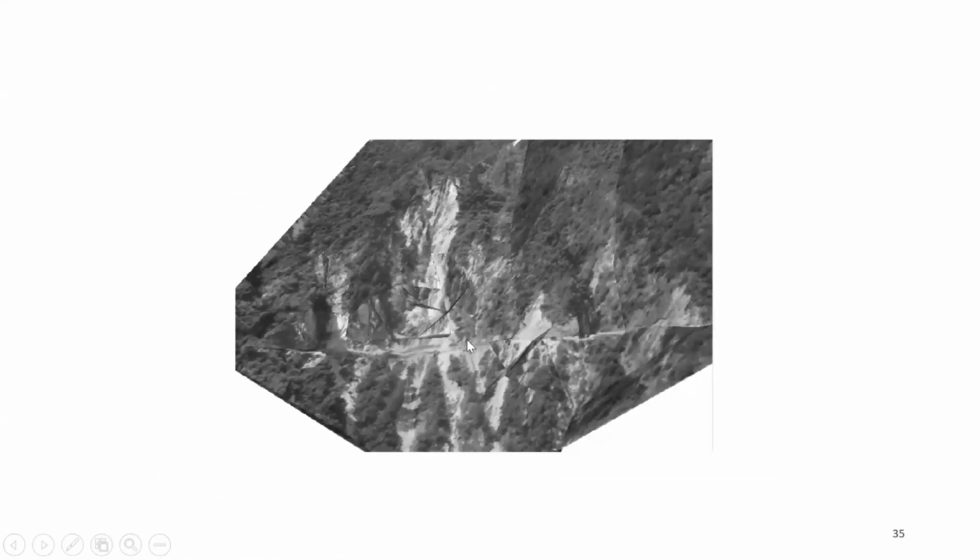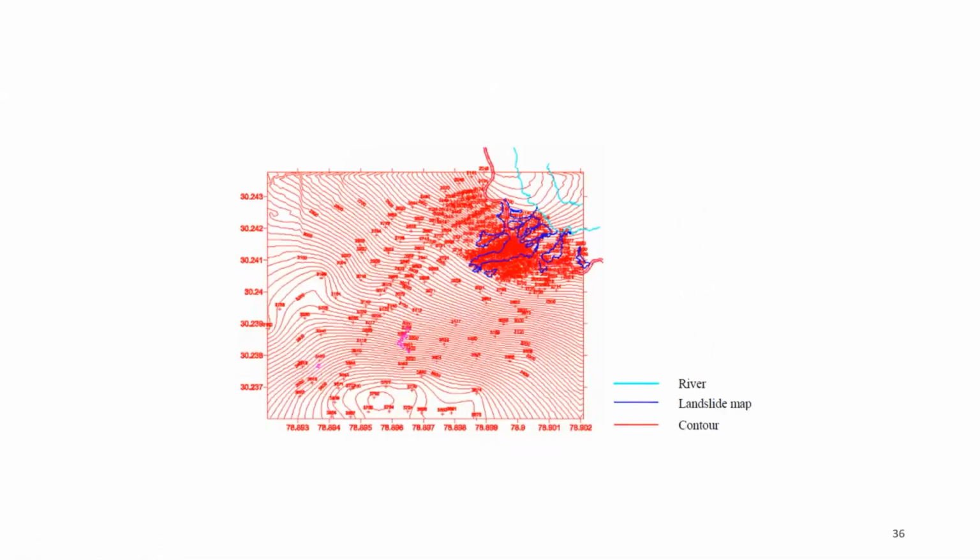Totalization coordinates are taken, and also the photographs, and this is the 3D model of the complete landslide area. So this is also a combination of photogrammetry and totalization. And this is a contour map. Using contours, we have found out how much earthwork has slid.